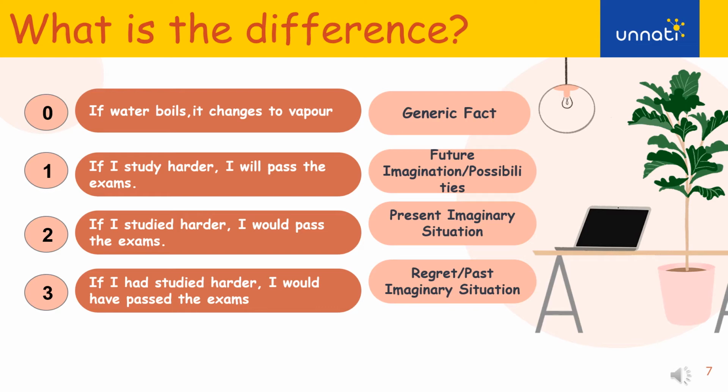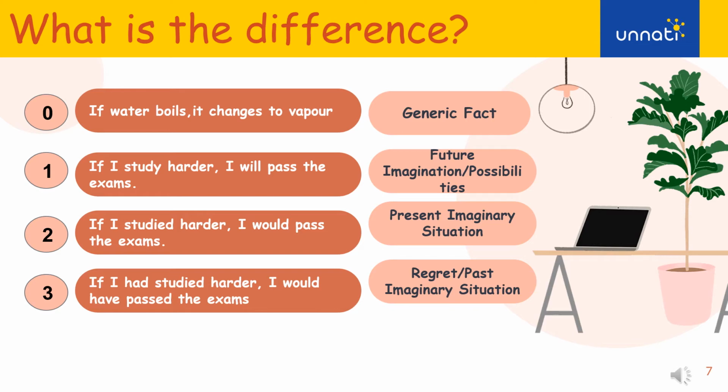In first conditional sentences, future imagination or possibilities are spoken about. If I study harder, I will pass the exams. So, if I study harder, there is a possibility in the future that I will pass the exams.